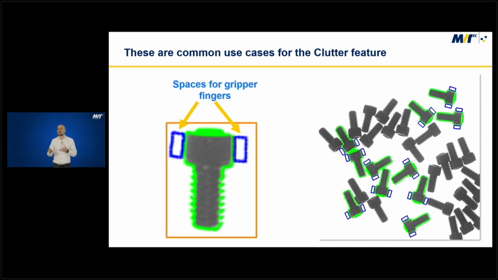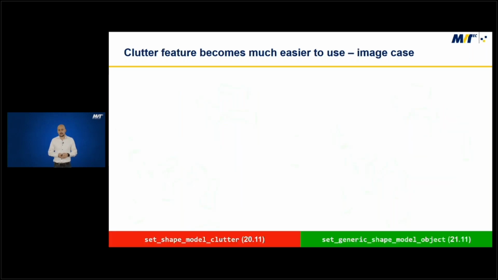It will only be the screws which have this free space around and which are able to be gripped by a robot. So, one very nice use case to visualize what the clutter feature is capable of, and that you should think of it when you are trying to solve shape-based matching applications.